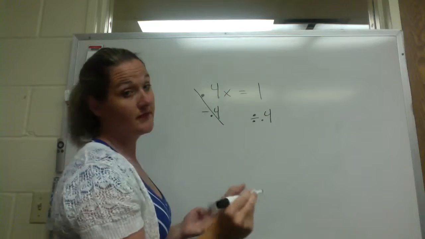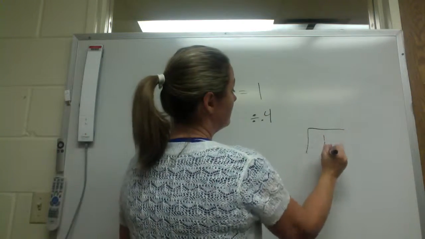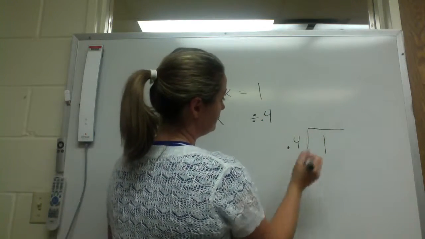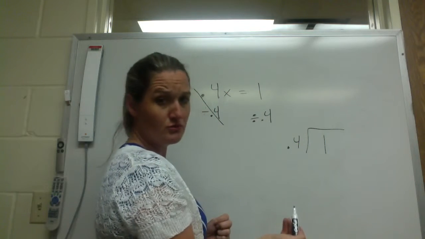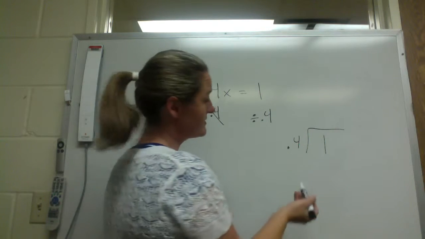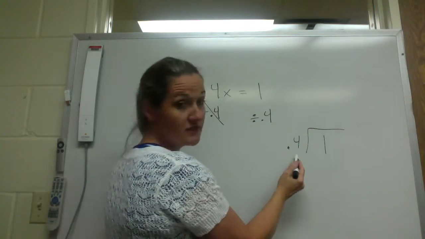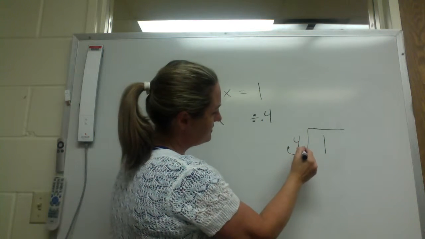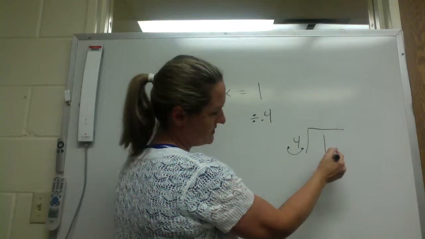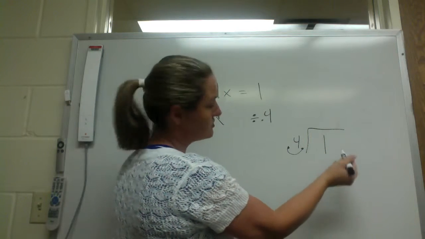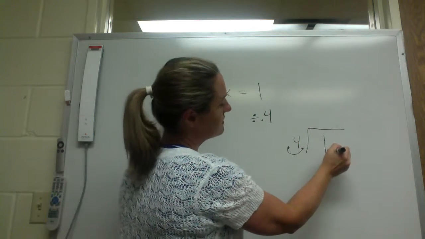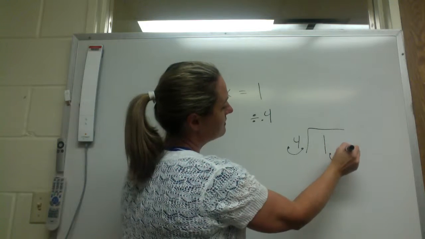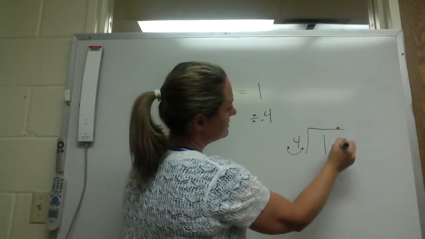Well, I've got to work this out. I'm sure you remember from the dividing with decimals lesson, can I have a decimal in my divisor? Nope. So I've got to pick it up and move it to the end. That's a 1, a whole number, so there would be a decimal at the end. I pick it up, move it over, and then I put a 0 there.